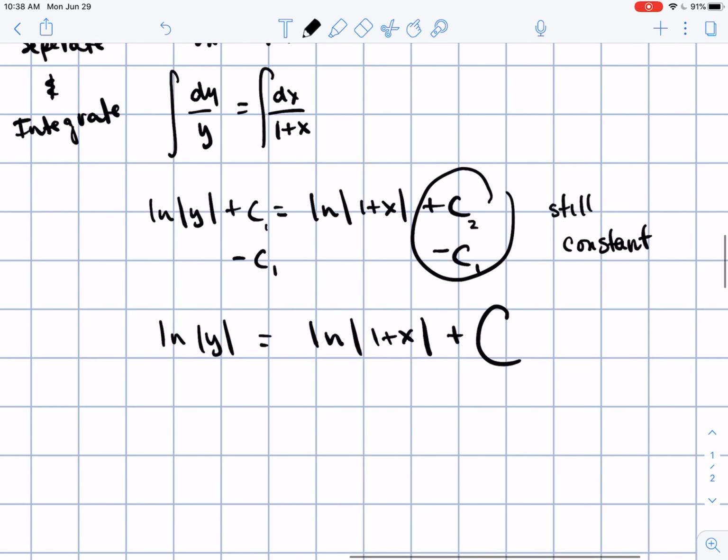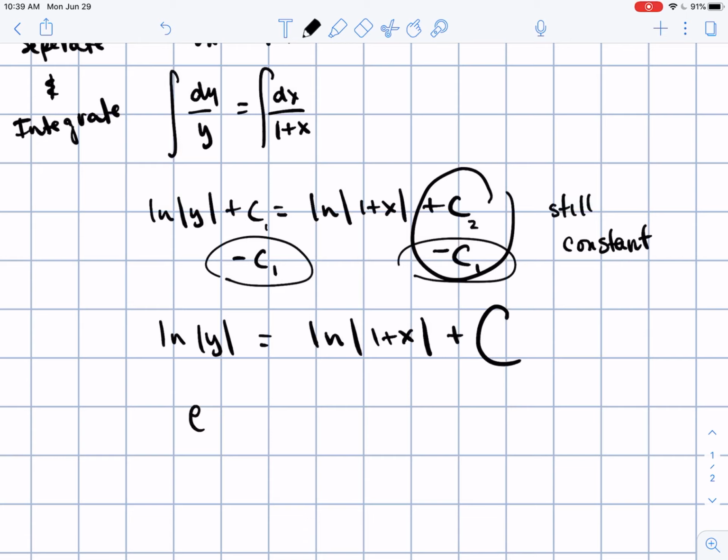Usually I skip this step because I don't put that constant with the y value, since you're always going to get one big constant anyway. Think about adding any two numbers together, you still get another constant. Okay, when you're solving ln, we use e.